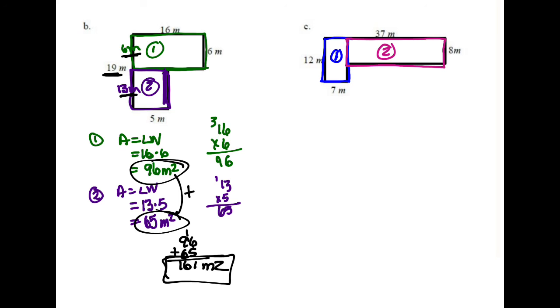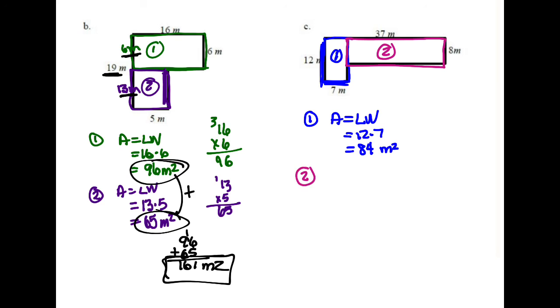Okay, so blue one first. Area is length times width, and we know both of them. That's good. So we have 12 and 7, right? And 12 times 7 is 84. So 84 meters squared. So far, not too bad.